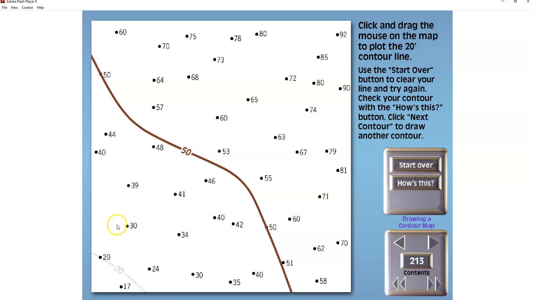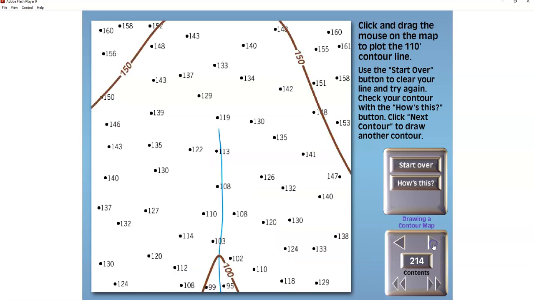And if I click How's This, I don't know if it's really keeping track of where I'm putting the mouse. Let's try the 30. So if I went 30s here and a 30 here and then click How's This. Oh, I guess it didn't do it. No. Anyway, we'll skip this part.